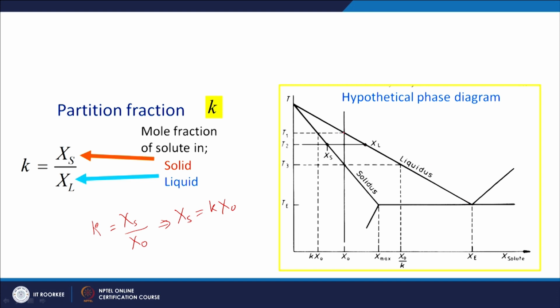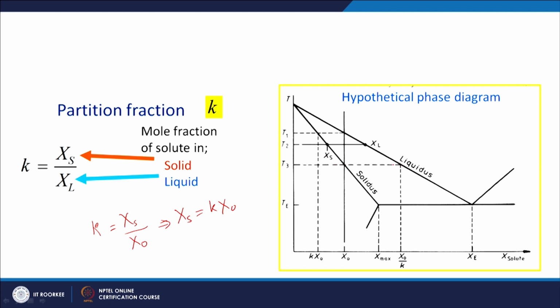Initially the liquid has a composition of X naught, but with the progress of solidification the solute content in the liquid is increasing. At temperature T3, where my composition is crossing the solidus line, I will have solid, and now the total solid is of X naught composition. This whole thing is going under equilibrium condition right now, and my liquid will have a similar expression again, because the total solid has composition of X naught.